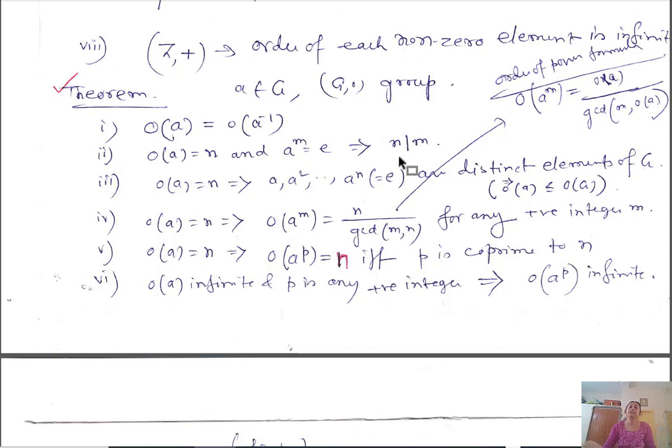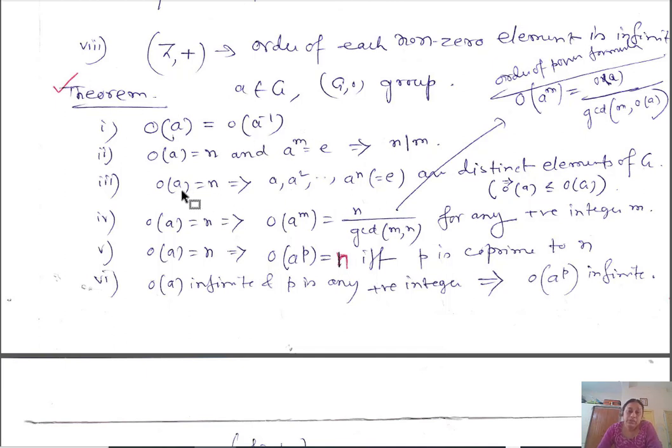That remainder will be less than n, and you will get a to the power r equal to e, with r less than n. If you have gone through that proof, you can understand the same thing here. I will not discuss it any more.